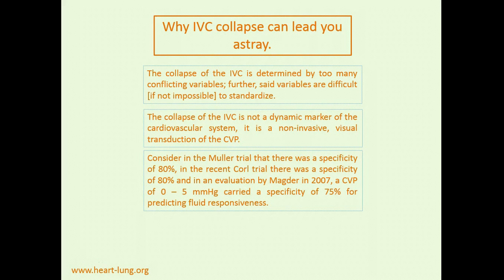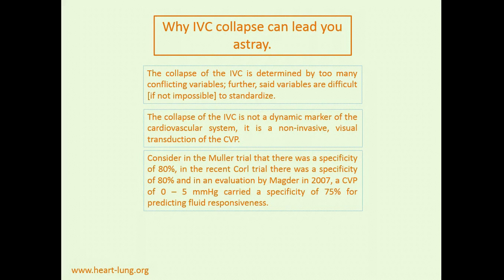And then if you look back at some CVP data by Magder, a decade ago, what he found was that a CVP of 0 to 5 millimeters of mercury, which would be a low distending pressure, and therefore you'd expect to see IVC collapse, also had a specificity of 75% for predicting fluid responsiveness.